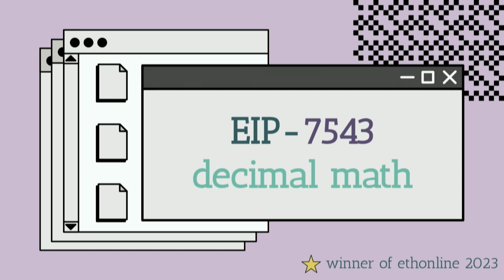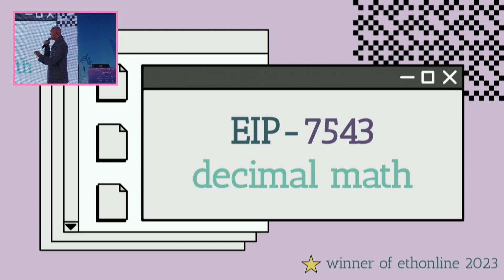So this here is an idea on how to improve all EVM-based systems, of course, Ethereum is the main one, and we're going to be talking about how to add decimal math, which is very useful and fundamental for a lot of calculations, applications, use cases around the world.